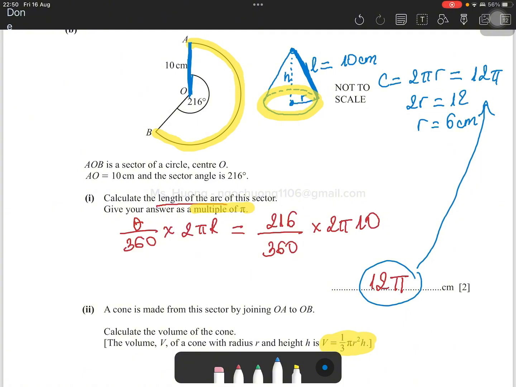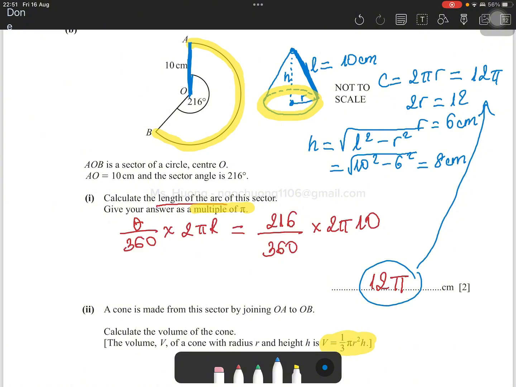Then we can find the perpendicular height using Pythagoras theorem. L squared minus r squared, which is 10 squared minus 6 squared. 100 minus 36 is 64, root 64 equals 8 centimeters.